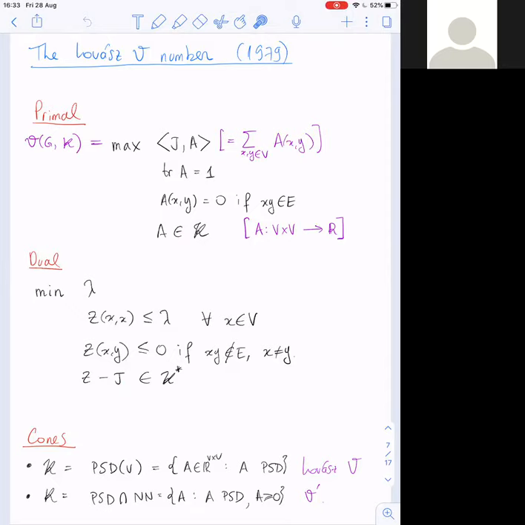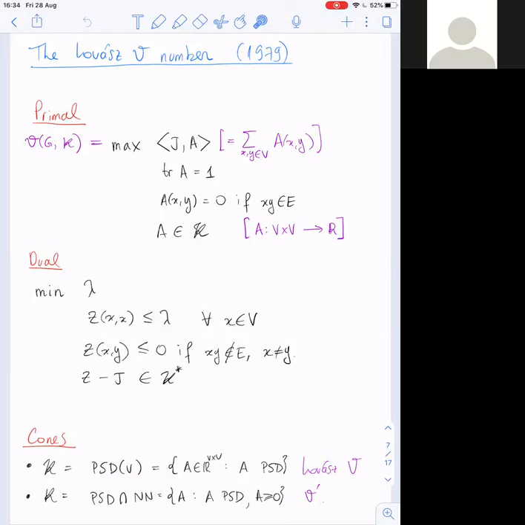Now we can try to replace K by several different cones and see what we get. The first thing that you can replace K by is the cone of positive semi-definite matrices. If you do that, you get Lovász's theta number, Lovász's original parameter.